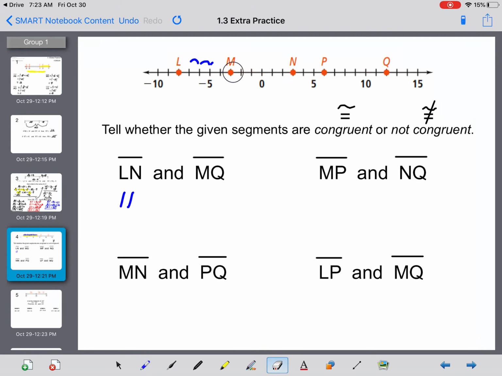And MQ is a distance of 1, 2, 3, 4, 5, 6, 7, 8, 9, 10, 11, 12, 13, 14, 15. So remember, your congruent symbol would mean that they're the same. Not congruent means they are not. These are not congruent. So put a slash through the congruent sign.